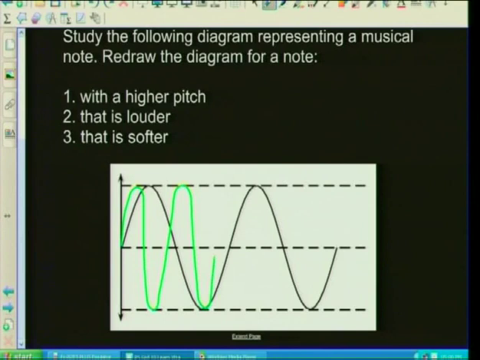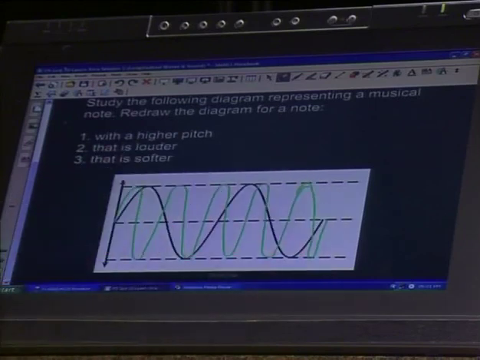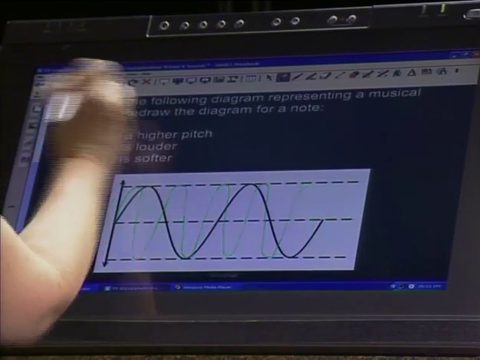It goes up and down, much higher frequency. Let's make sure it goes all the way to the top. Okay? More, and it's not the most regular wave in the world, but it'll do. Higher pitch, which means higher frequency. High pitch sounds generally are quite annoying though, let's be honest.